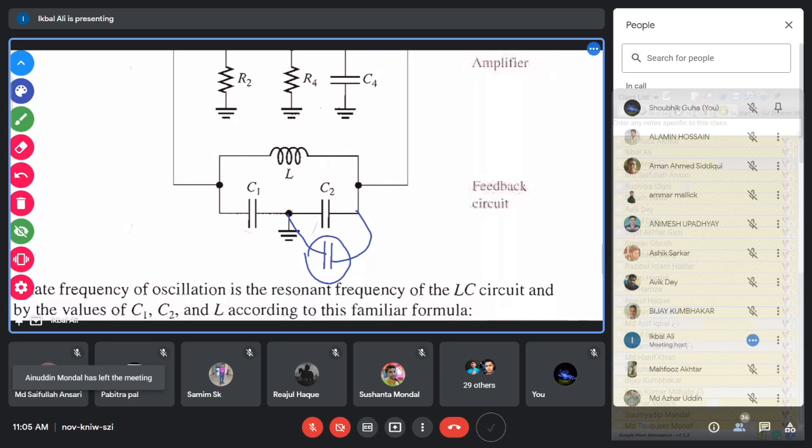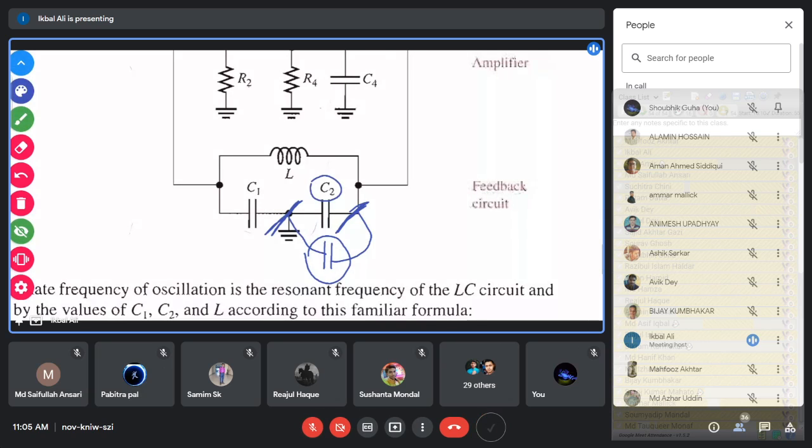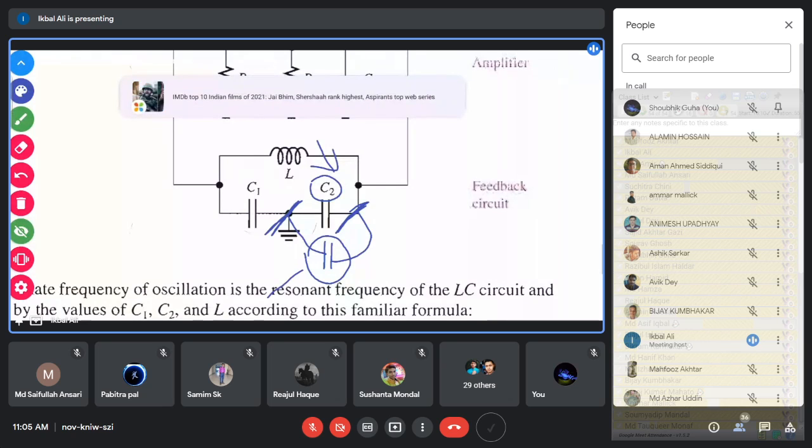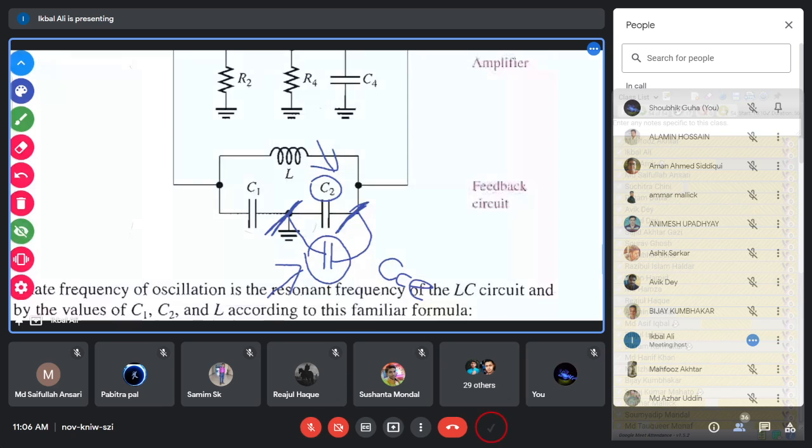So between this point, ground, and this point, the output point, instead of the external capacitor C2, the actual capacitance is the parallel combination of this C2 and this stray collector-emitter junction capacitance, CCE. This capacitance, coming from the collector-emitter junction, appears in parallel to C2. So both the capacitances C1 and C2 are affected by the transistor junction capacitances.